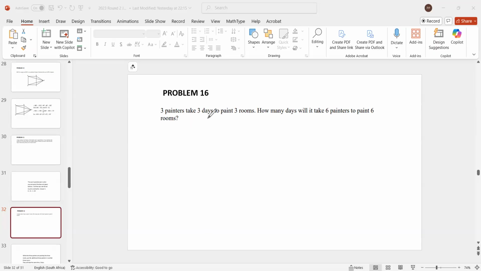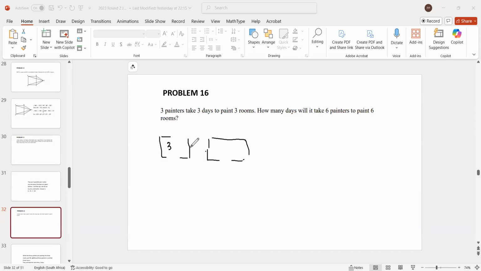So if you put these painters in 2 different rooms, you put these 3 painters here, or you want 6 painters, right? So put them in 2 different rooms.